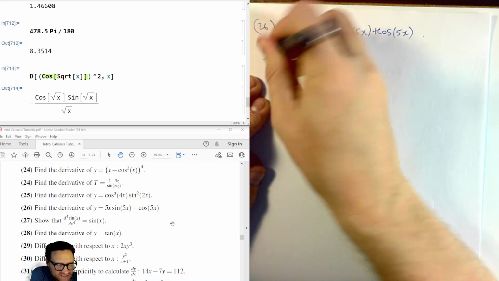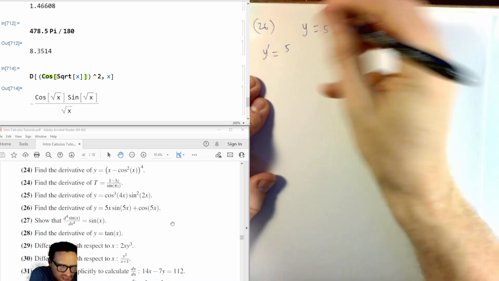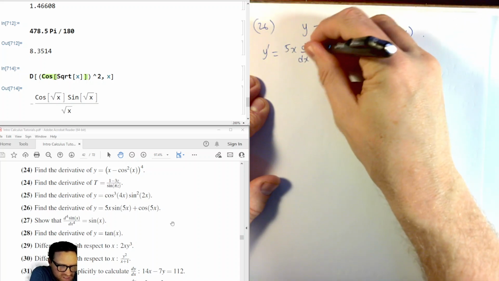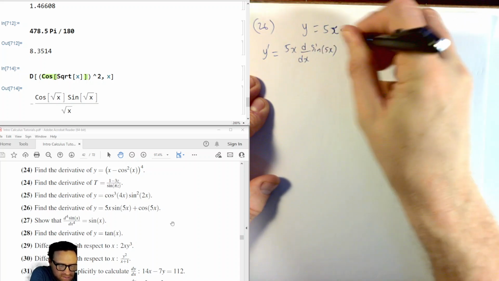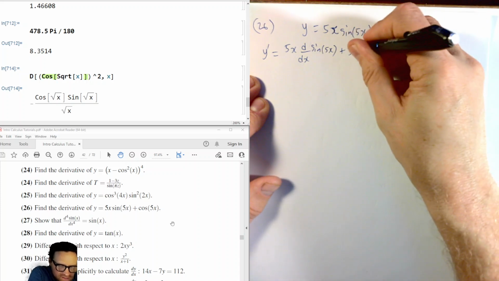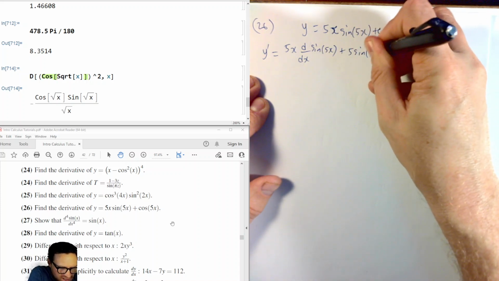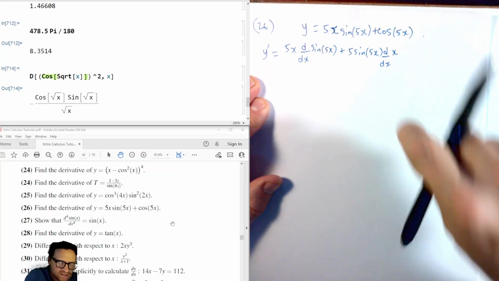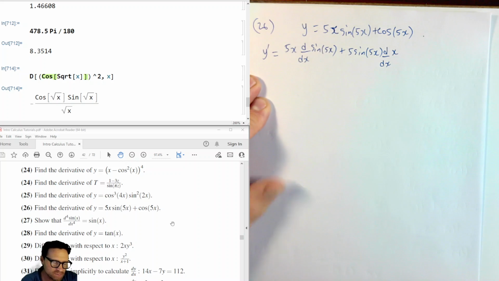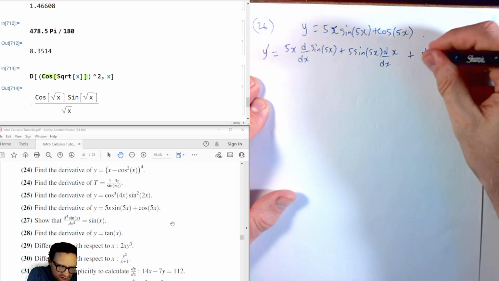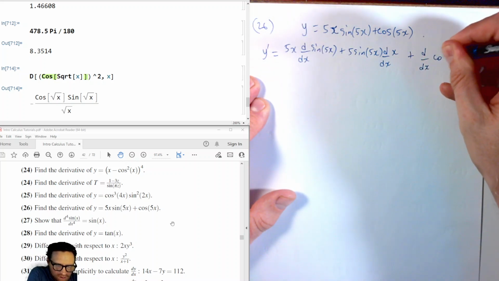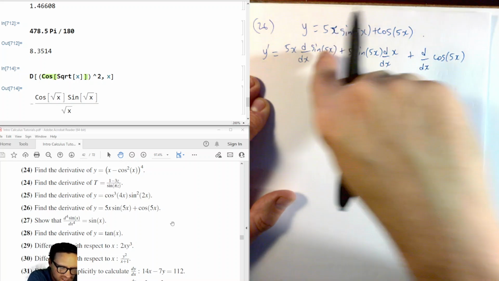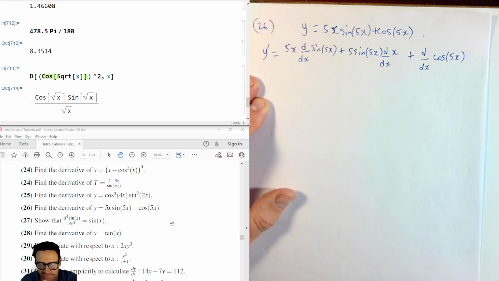So y dash is equal to 5x d on dx of sine of 5x plus 5 sine of 5x d on dx of x. So that's the product rule on the first term. And then let's just write d on dx of cos of 5x. Okay, so we'll need the chain rule here, and we'll need the chain rule here.